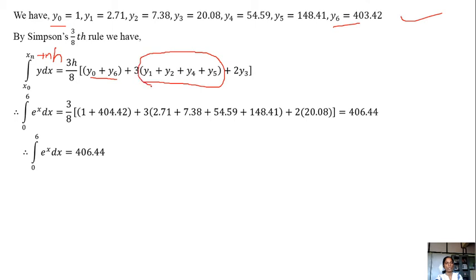So in between, y1 is not a multiple of 3, so y1 plus y2; y3 is a multiple of 3, so you are not taking it in this term.